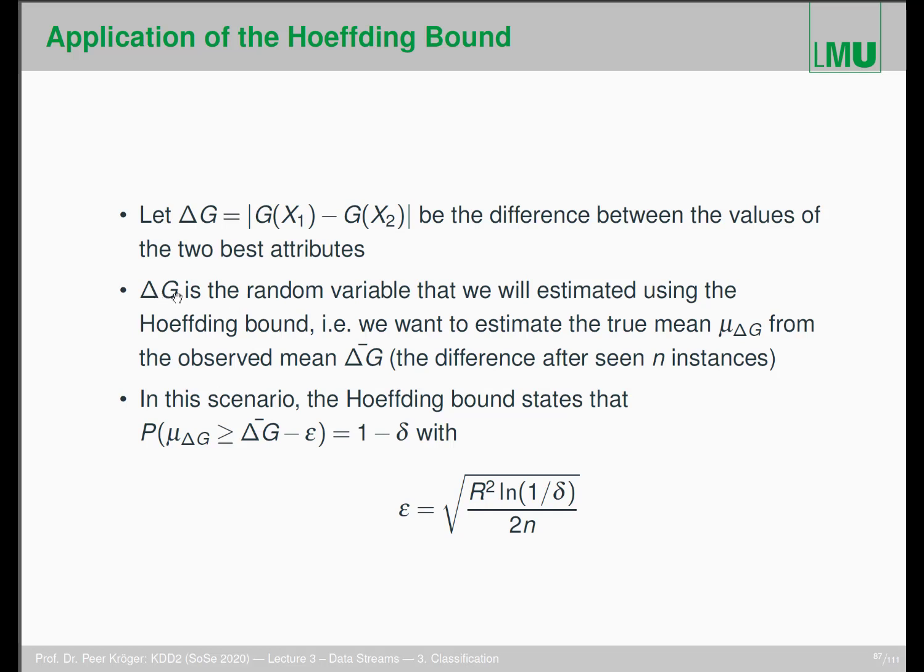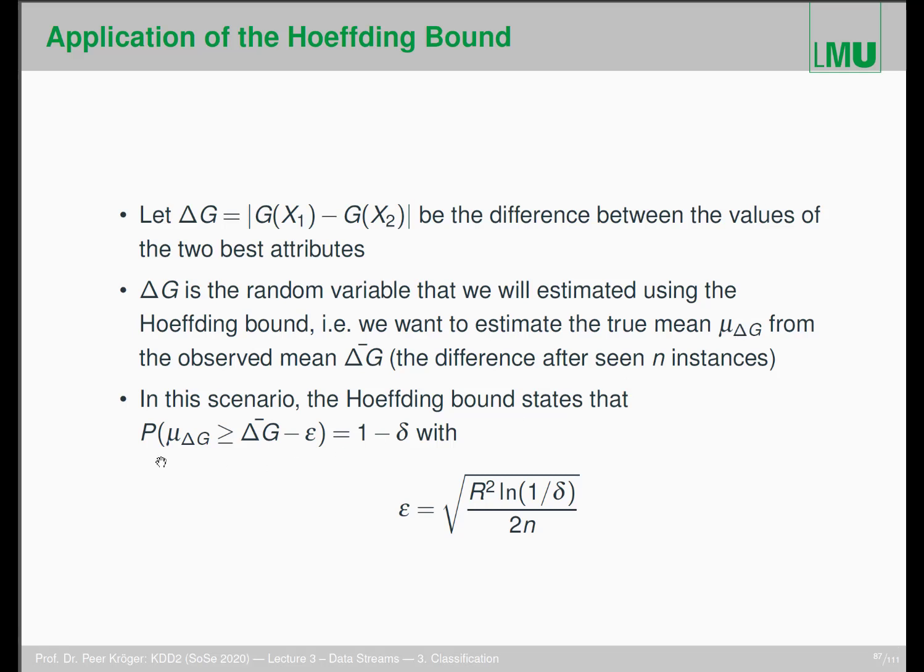We have only looked at, say, n objects, and we can compute G of x1 and G of x2 after n objects, so we will have a delta G after n objects. And now we want to estimate the error of delta G after n objects with respect to the true delta G, which would be after an infinite number of instances.